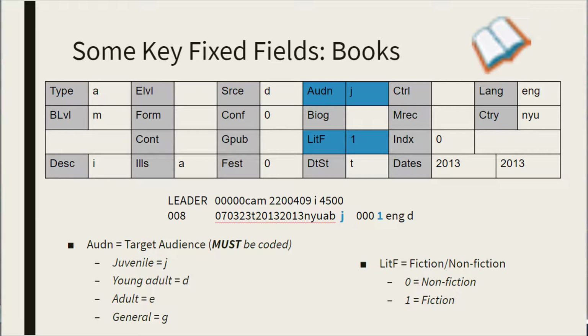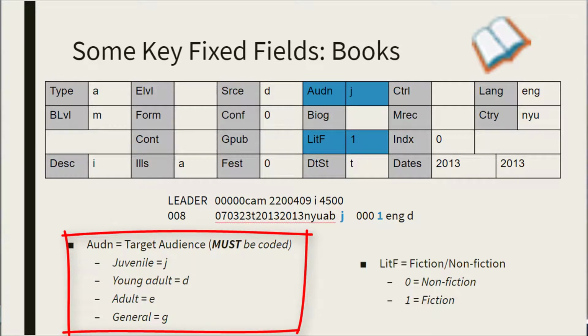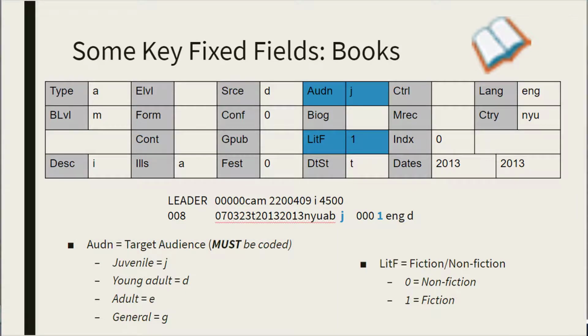The primary ones that you should see are J for juvenile, D for young adult, or E for adult. There are others. We don't need to go into the others because they get hairy. I mean, ABC, it's all sorting things by age.